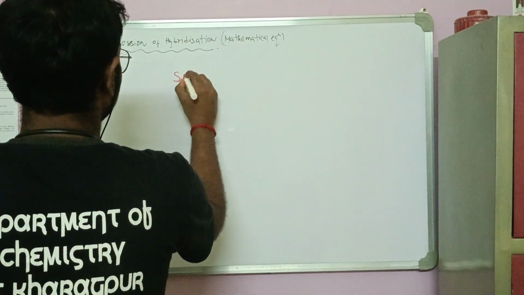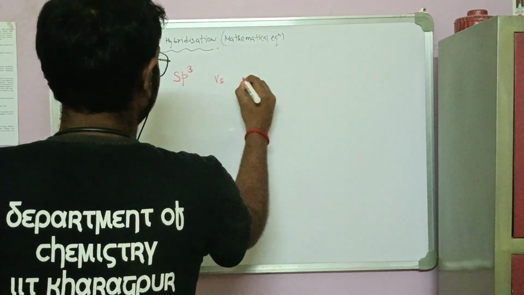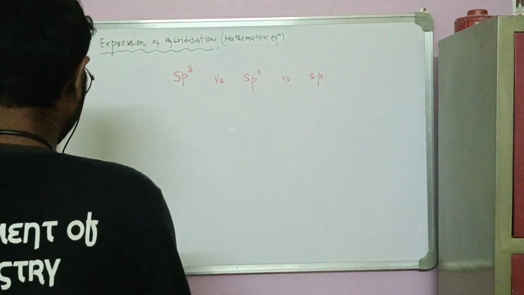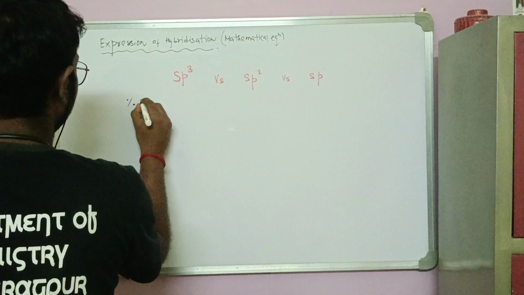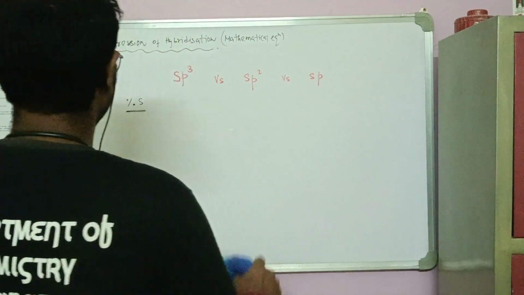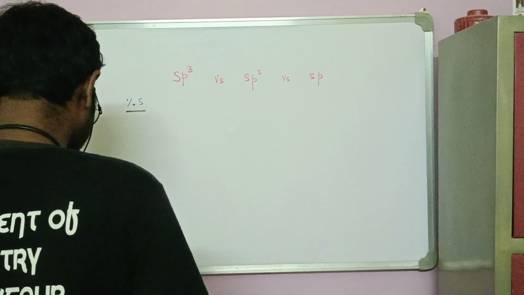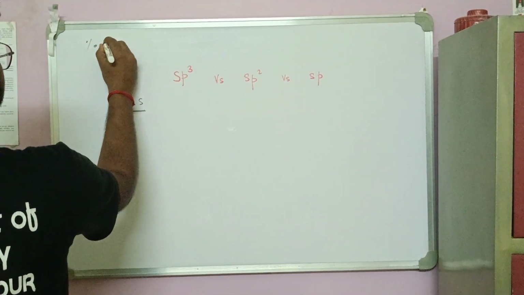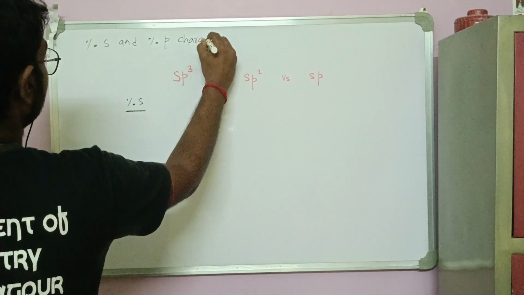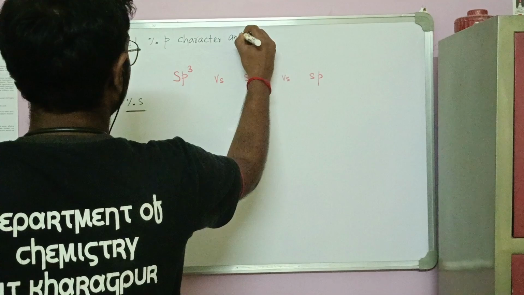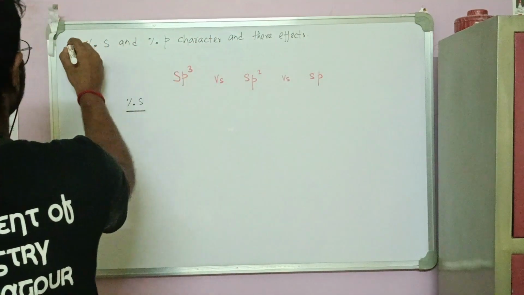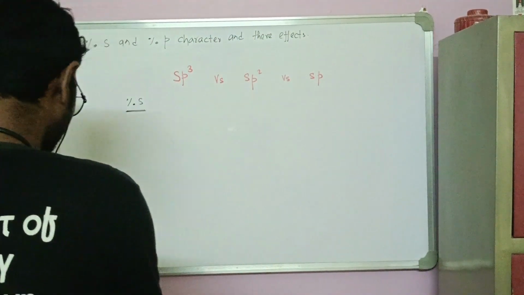Let's take the hybridizations sp3 versus sp2 versus sp, and the percentage of s character and percentage of p character, and their effects on bond length, bond angle, etc. This concept is very simple.